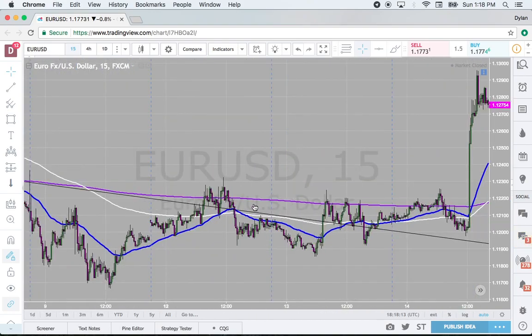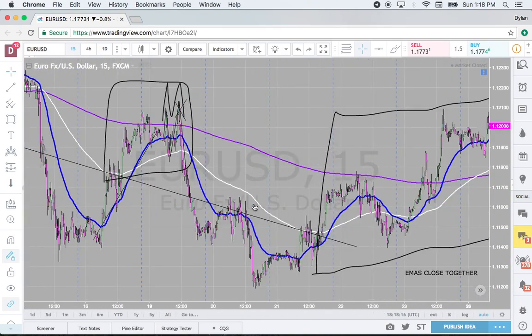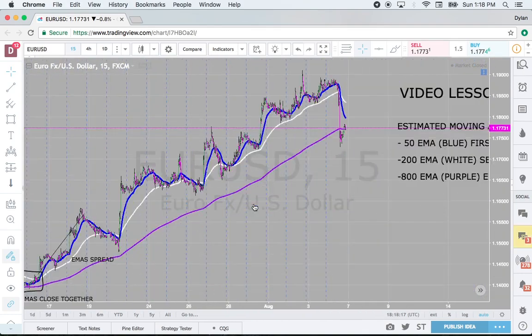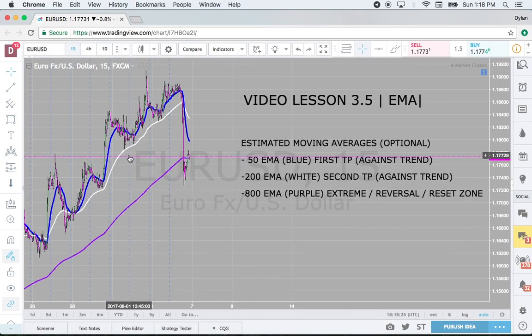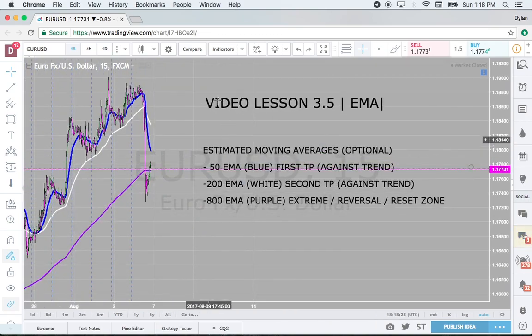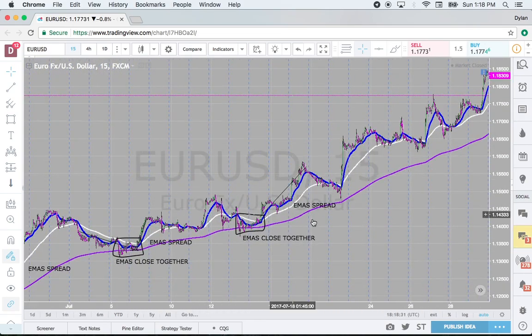And although I don't use them, like I said, they are quite useful for beginners. Now, that was basically the entire lesson. There really isn't much else to talk about on the EMAs. That's really all I use them for.